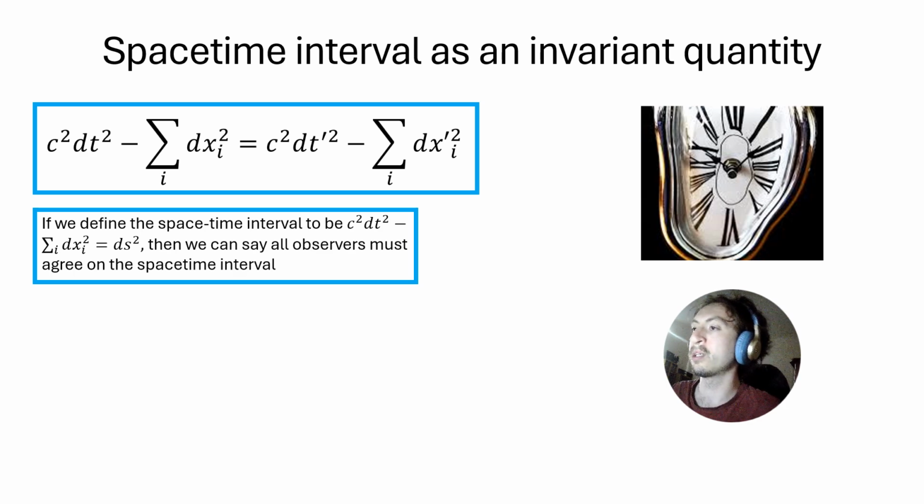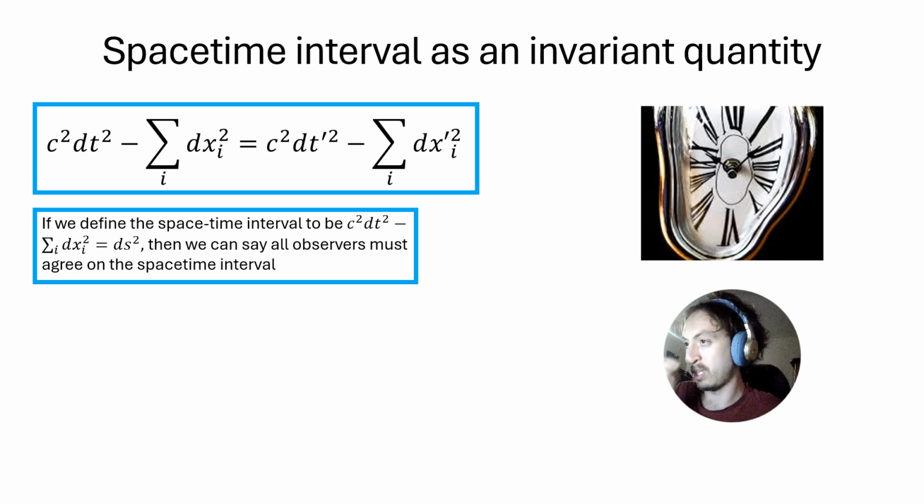Because if we take dx to be how far something has moved, the amount it has moved will always be less than the amount light would have moved in that time, because the object can't even get to the speed of light, and it's always going to be moving slower than the speed of light. Then when we do c squared dt squared minus the sum of dxi squared, we're always going to have a positive number. So this ensures that ds squared is positive, so our space-time interval is positive, and it's nice to talk about positive space-time intervals.